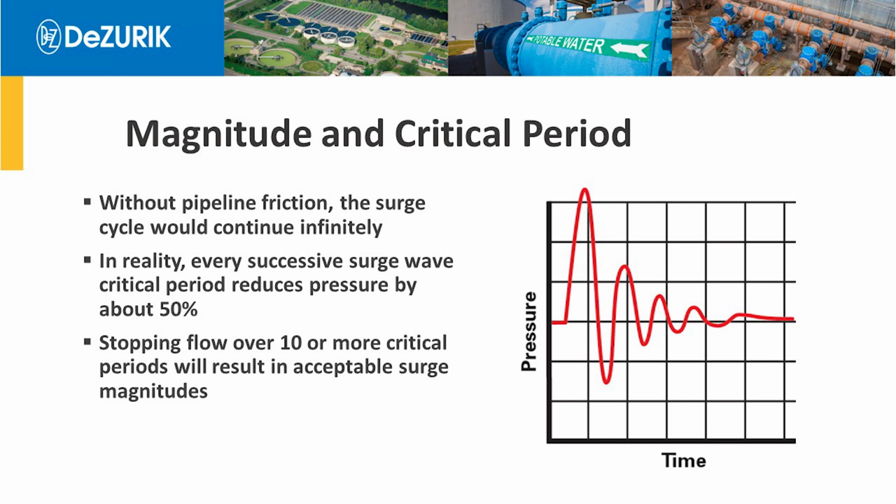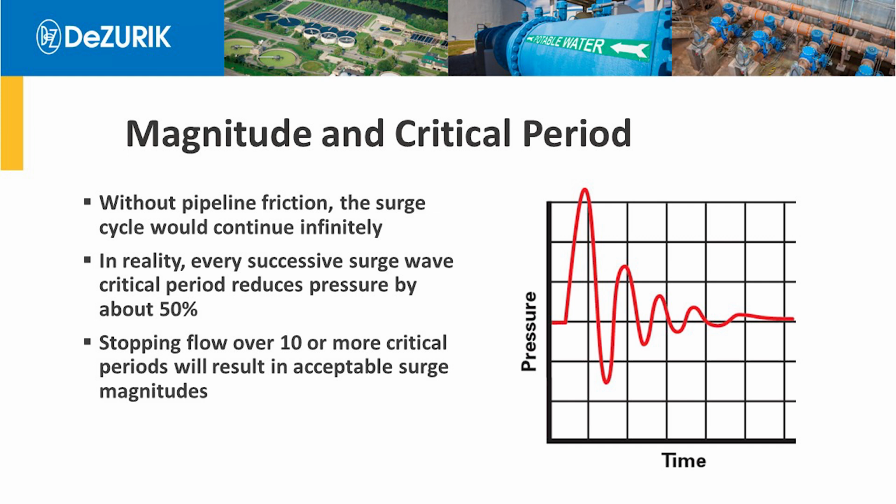So let's say, for example, we've calculated our delta H surge pressure to be 1,000 PSI. We've also calculated our critical period to be 5 seconds. So if we stop the flow in 5 seconds or less, we're going to surge the system to maximum intensity, which would be 1,000 PSI.